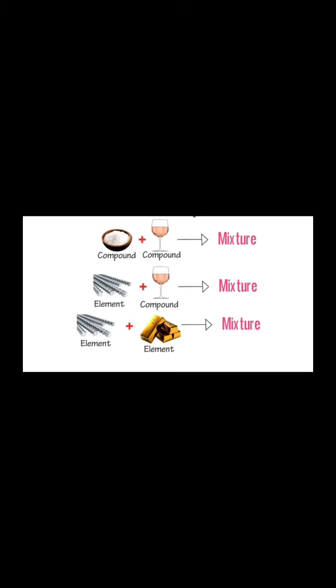Here, iron is an element and water is a compound. And the third example is when you add iron to gold, you will get a mixture. Here, iron is an element and gold is also an element. Thus, combining different substances physically, we will get a mixture.